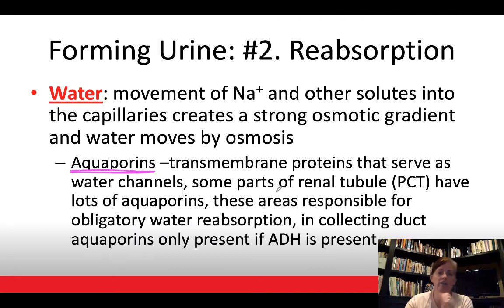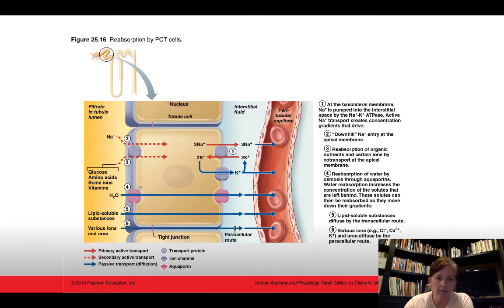So if we have ADH, which is antidiuretic hormone, present, then aquaporins will be activated so that our body can reabsorb even more water. That only happens under special circumstances. So this is showing you water reabsorption. Here is our aquaporin.